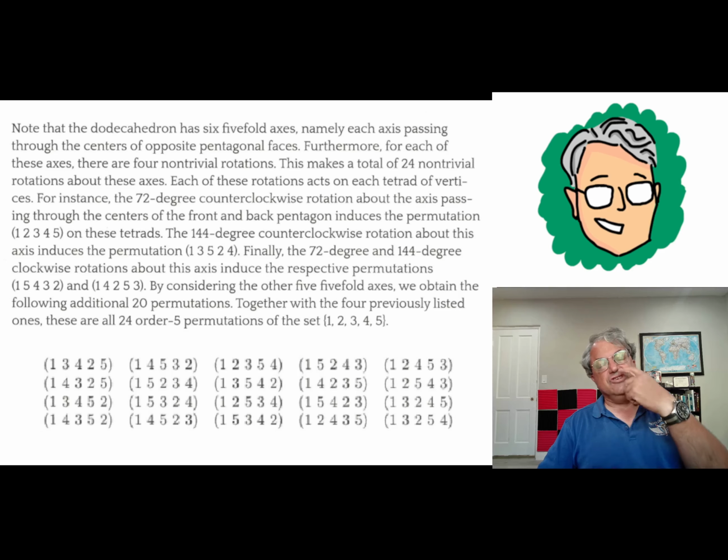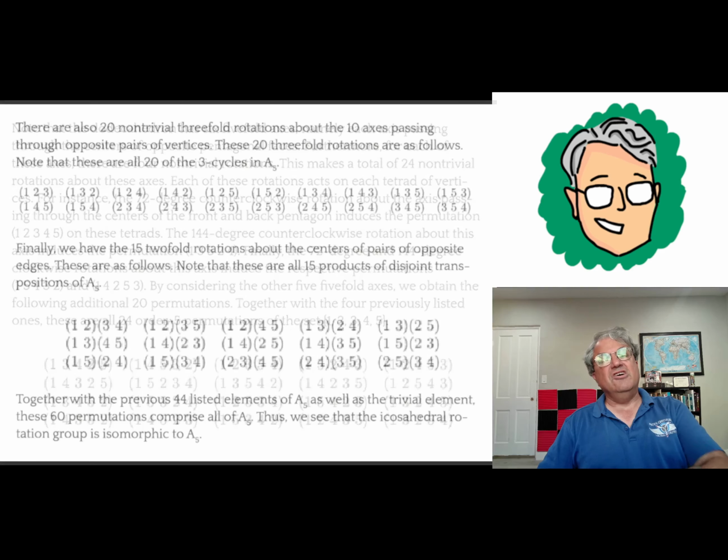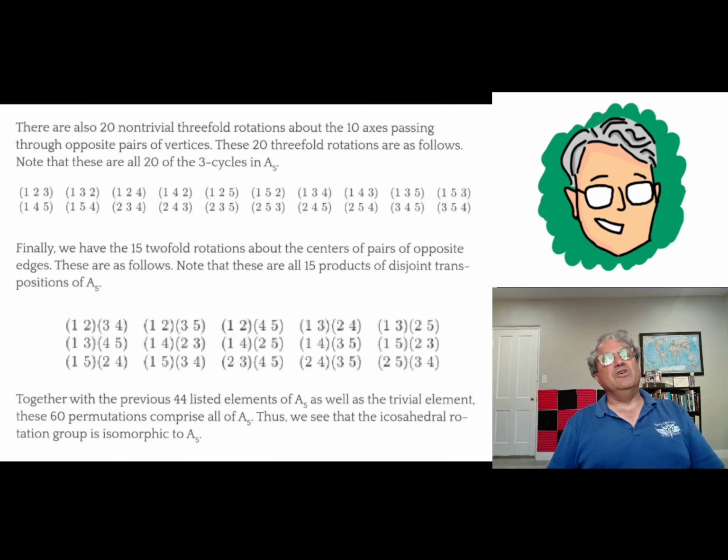So these are the 24 5-cycles you get corresponding to non-trivial 5-fold rotations, and then these are the 20 3-fold rotations. These are the numbers that get changed.